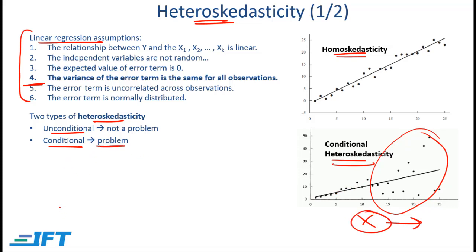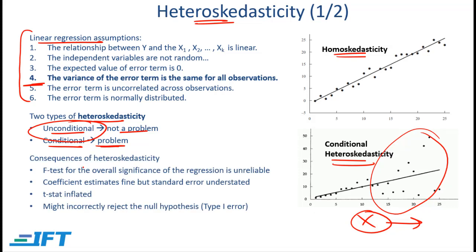The issues that we'll talk about later have to do with conditional heteroskedasticity. The other type of heteroskedasticity, which is not a problem, is unconditional heteroskedasticity. Here the variance is not constant, but the variance does not depend on the independent variables. So in general, when we talk about issues and consequences, we are talking about conditional heteroskedasticity.